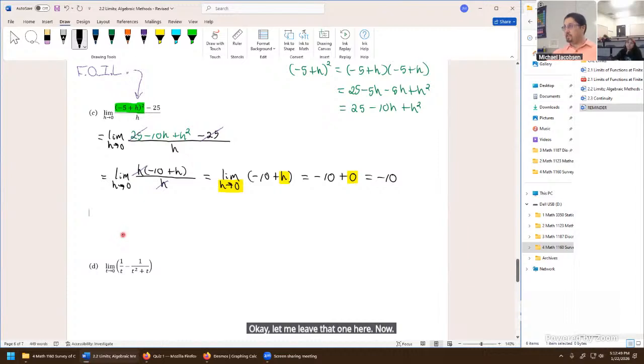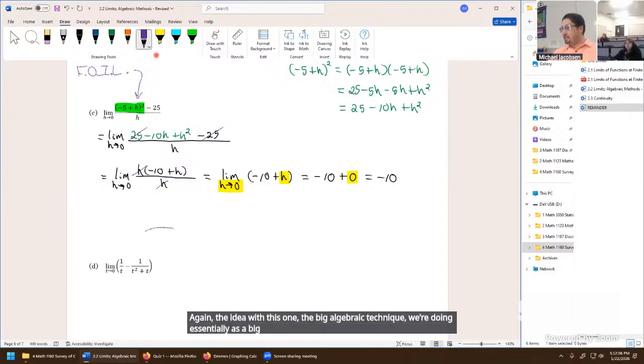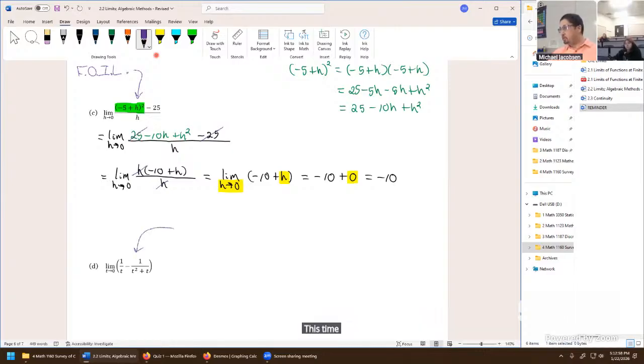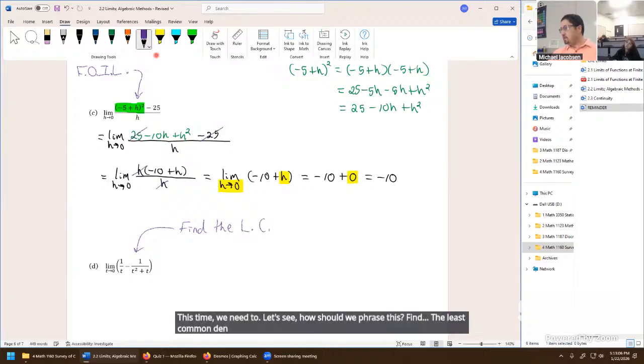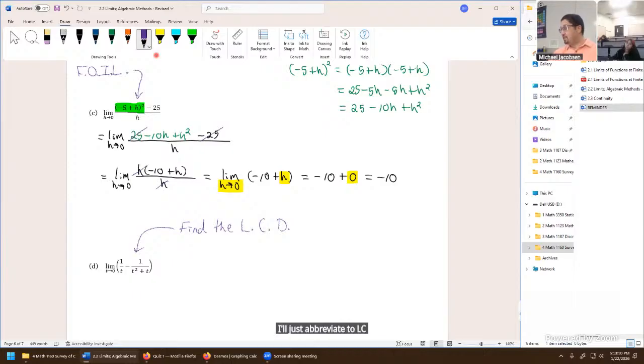Now for the next one, again, the big algebraic technique we're doing essentially as a big algebra review is this time we need to, let's see, how should we phrase this? Find the least common denominator. I'll just abbreviate to LCD for least common denominator. Then subtract.